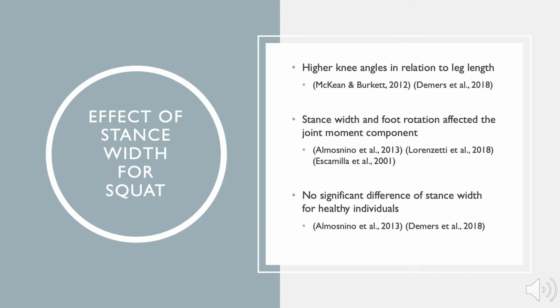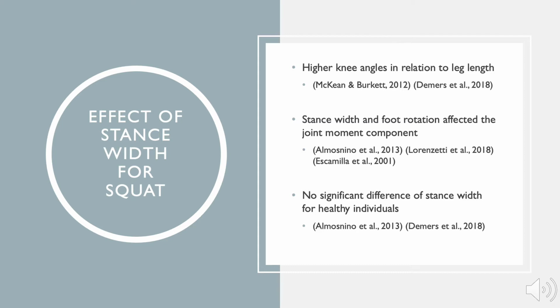The 2012 article found that taller women typically achieved greater knee angles as they tried to keep their back more erect and utilize their knees more to perform the squat, in comparison to taller men who achieved smaller hip angles as they tried to compensate for the lack of knee flexion. They did an excessive forward lean.